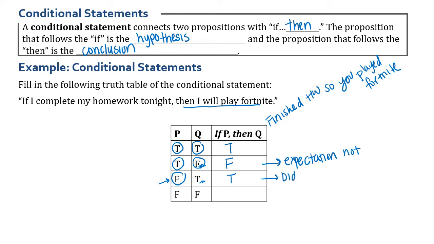You didn't finish your homework. Did this statement ever say what happens if you don't complete your homework? And the answer is no. It only says what happens if you complete your homework. This is how you can manipulate some stuff, like, hey, you didn't say what happened if I didn't complete my homework.